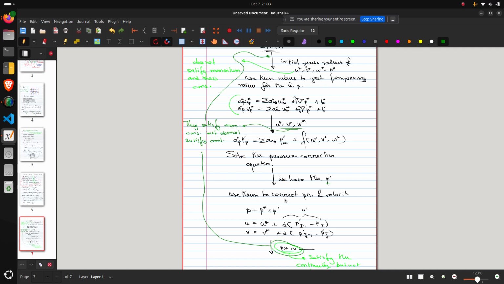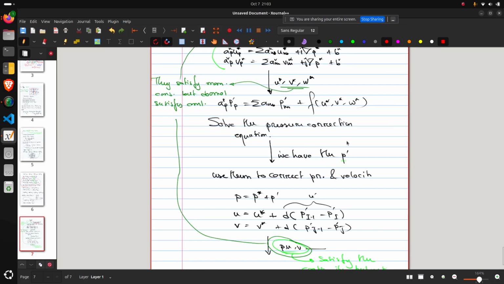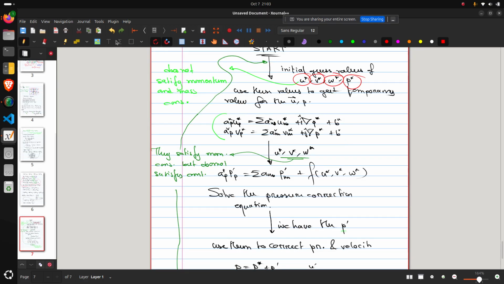So we start the simulation, we have our boundary values, we have our initial conditions and everything. Initially we will take a guess value of all the unknown variables that we need to find. Once we have these guess values, we plug them into the discretized momentum conservation equation, and we can compute a better guess value which satisfies the momentum equation.